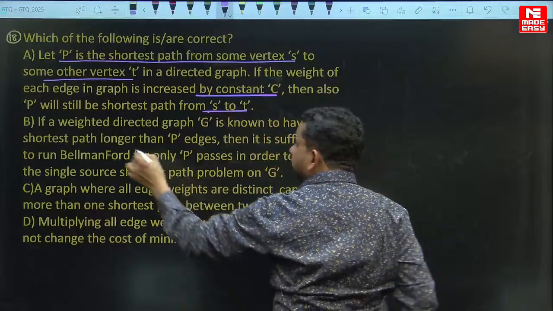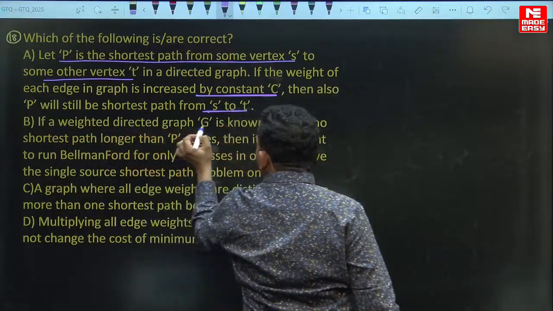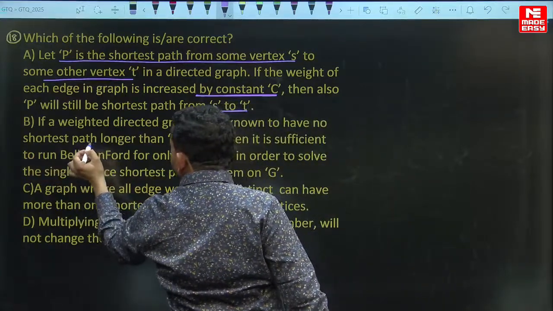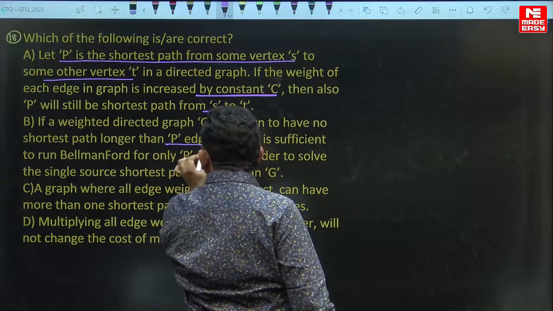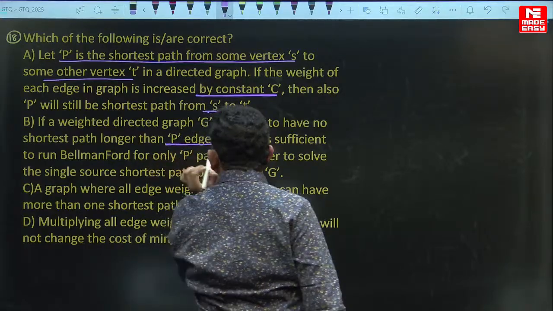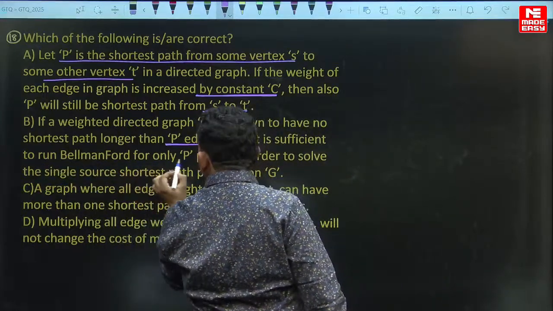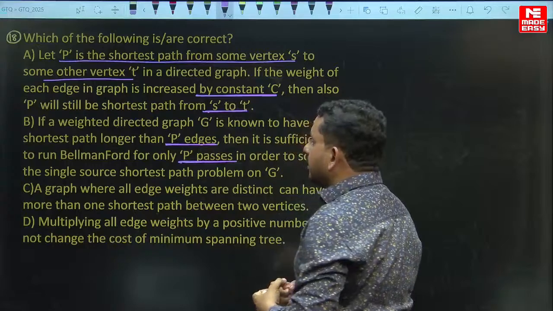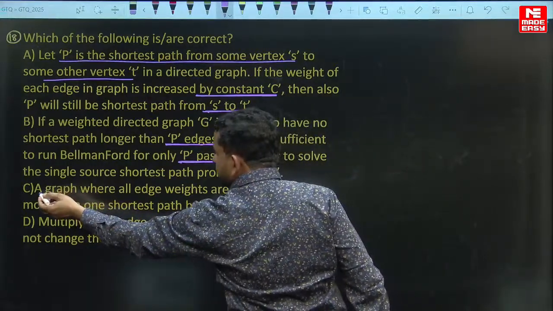If a weighted directed graph G is known to have no shortest path longer than p edges, so the shortest path doesn't have more than p edges, then it is sufficient to run Bellman-Ford for p passes to compute the shortest paths from the source. True or false?